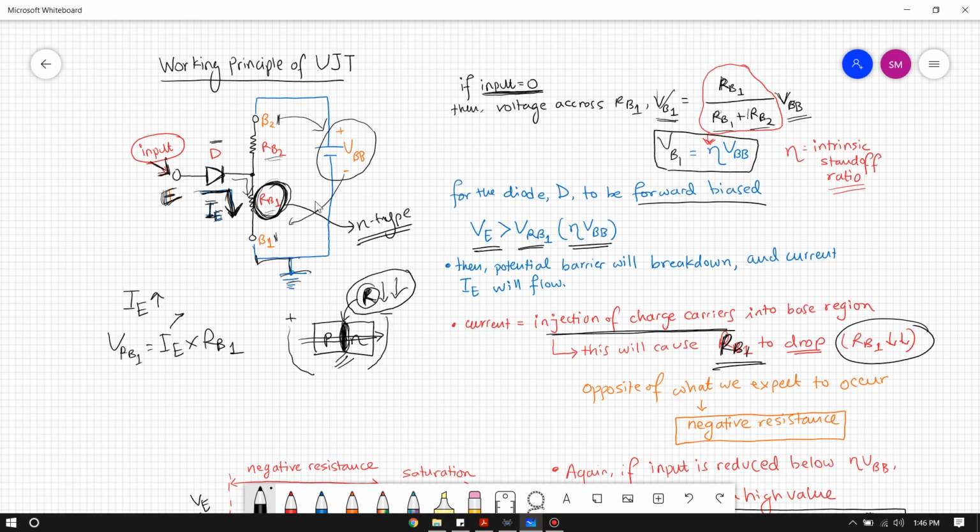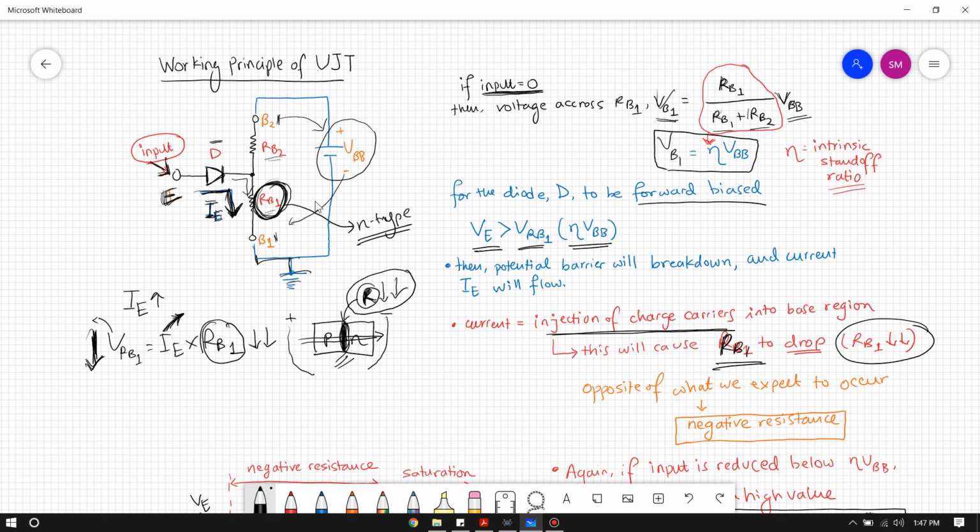If IE increases, we expect VRB to increase. However, when IE increases, RB1 drops significantly, so instead of increasing, VRB1 decreases. So with an increasing current, we have a decrease in the potential.